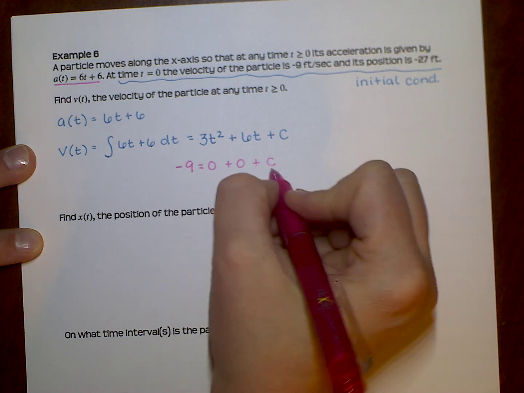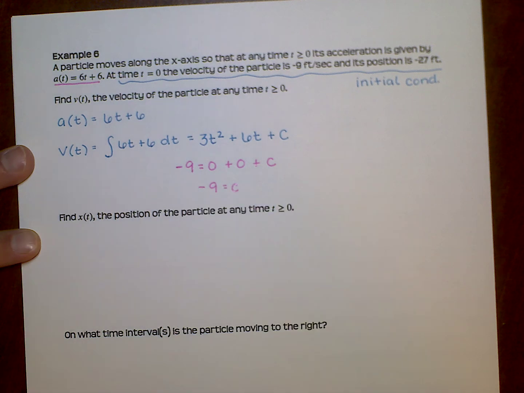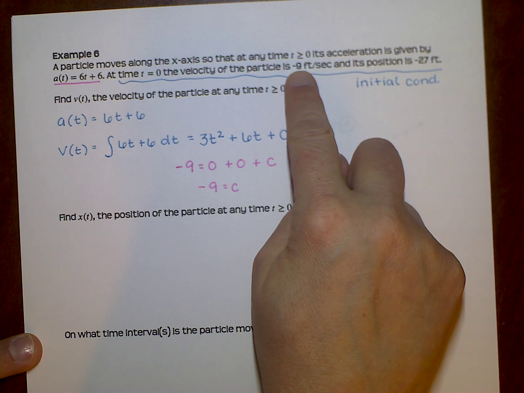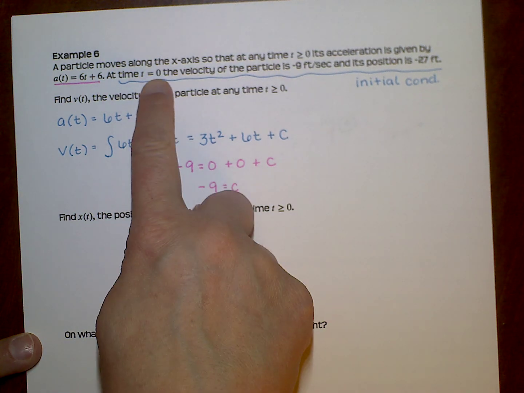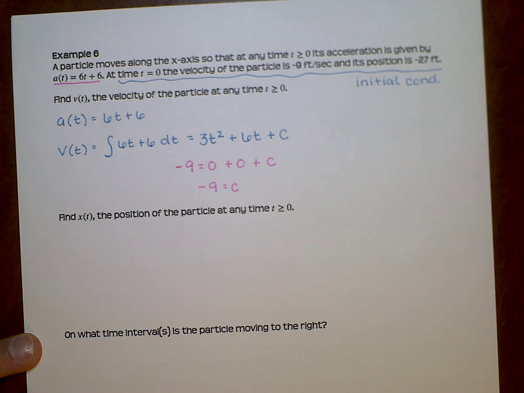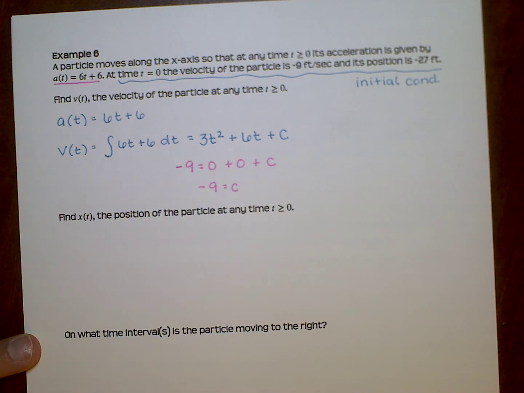So essentially, that c is negative 9. I do want to make sure that we're being cautious about this, because you might assume that whatever number is given is just going to be your c value. That only worked out because I started you at time 0. If I gave you time 5 as an initial condition, you would have to plug these numbers in and solve for it. It wouldn't be hard, but you would have to solve for it.